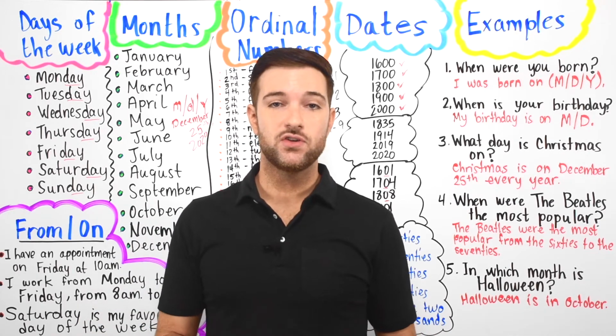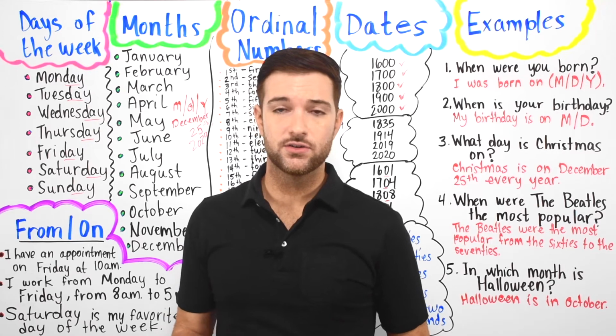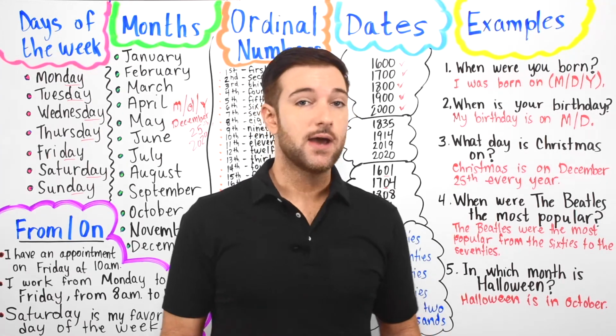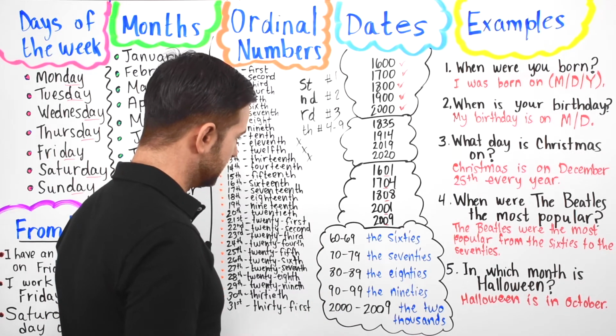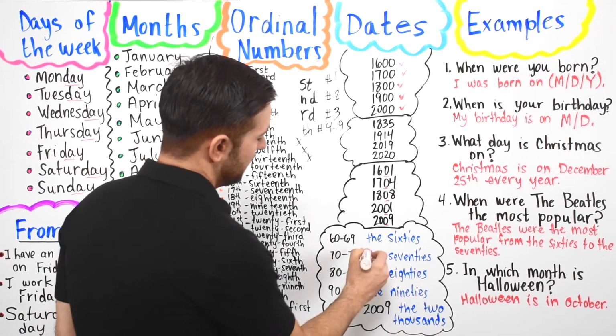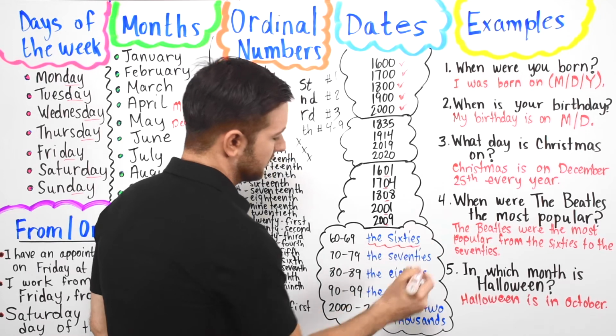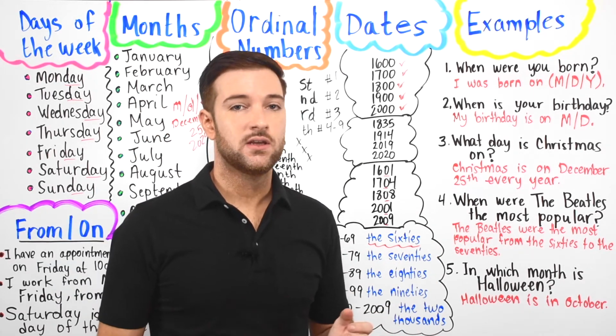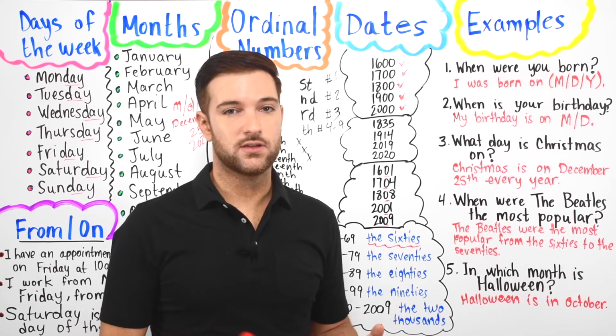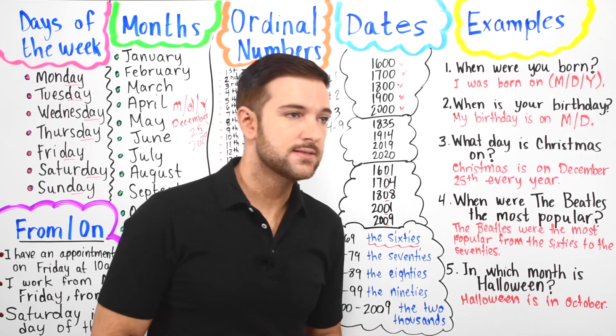Okay. Also, when you want to talk about events that occurred during a specific decade, you have to say it like this. So from 1960 to 1969, you have to say the 60s. So, for example, the Beatles were popular in the 60s.